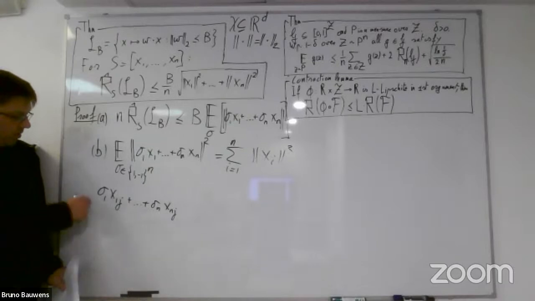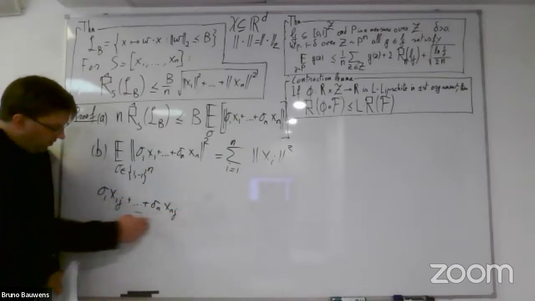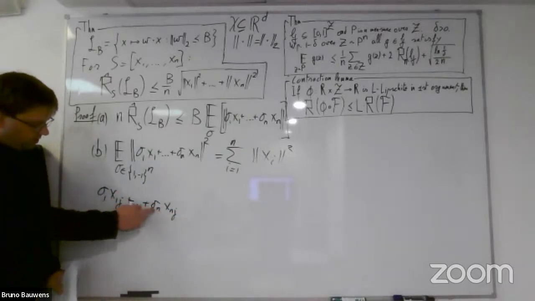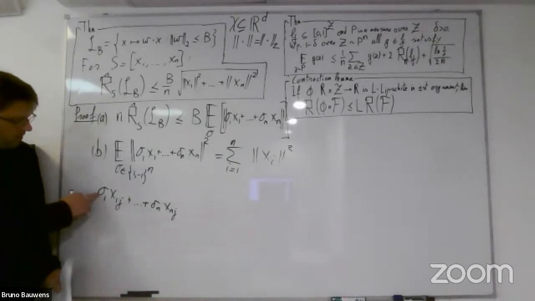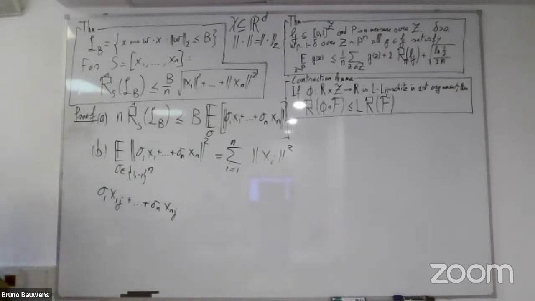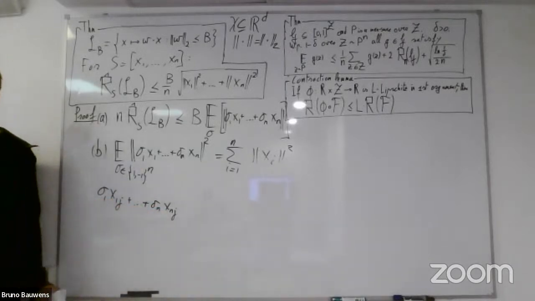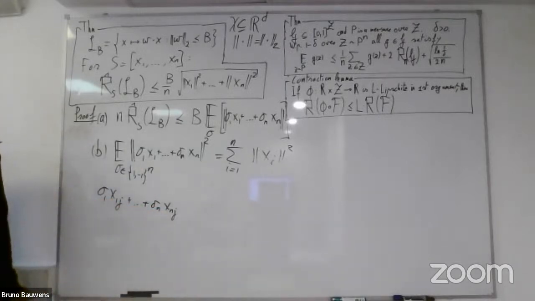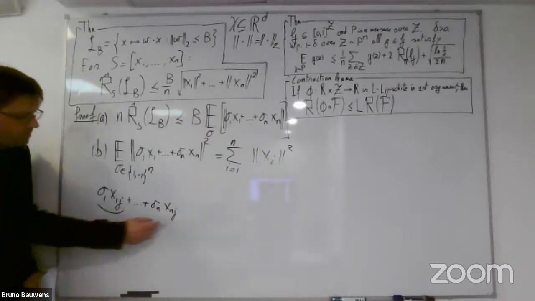And so here we want to have a variance of, and so x's are fixed, sigmas are random. We get a variance of some independent random variables, and so we can add up the variances of all the terms in the sum.